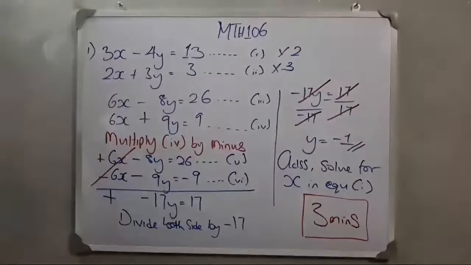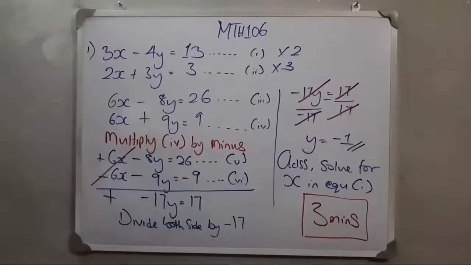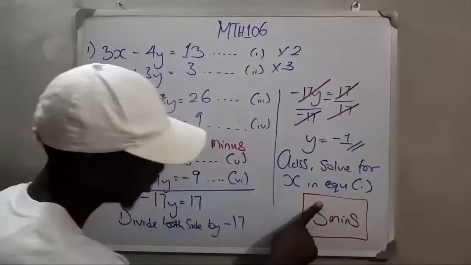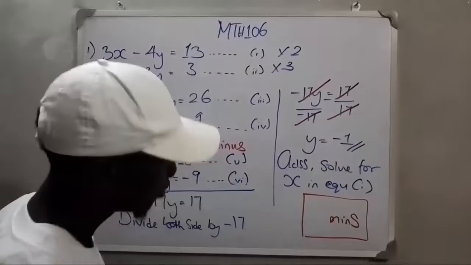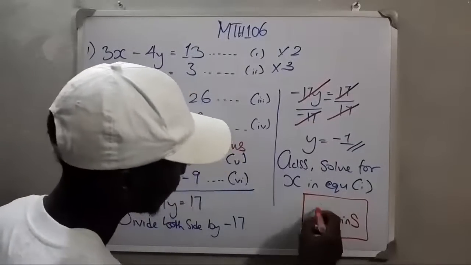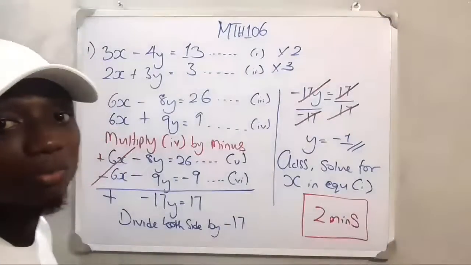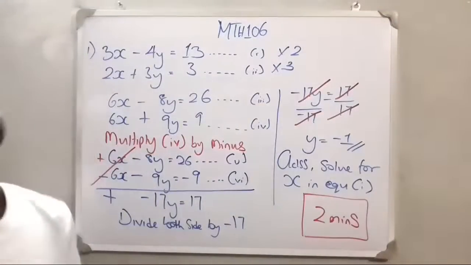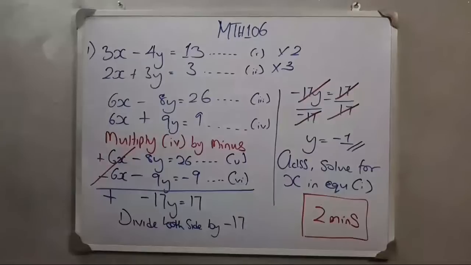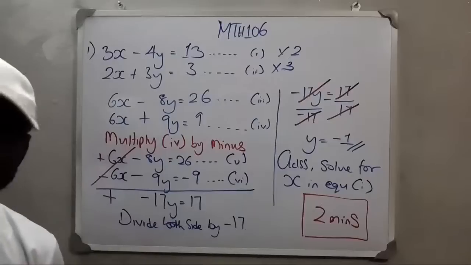Our time is counting down. Two minutes to go. Miss Blessing said x equals 3. Okay, thank you for that.